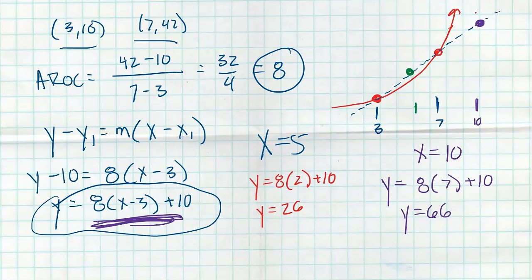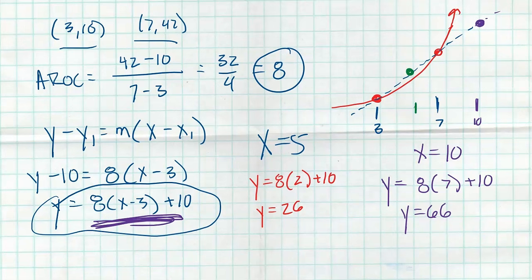Then we could talk about how predictions from that secant line are going to be a little bit different than the model has. But it's important that you make that graph, because that graph allows you to see exactly what I'm saying, that in between 3 and 7, our secant line is above the graph. Outside of 3 and 7, our secant line is below the graph.